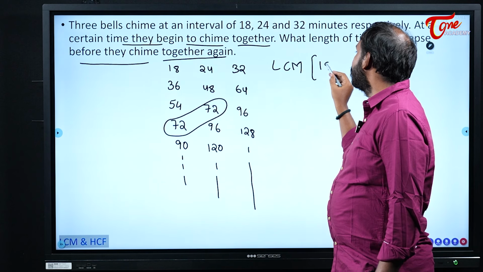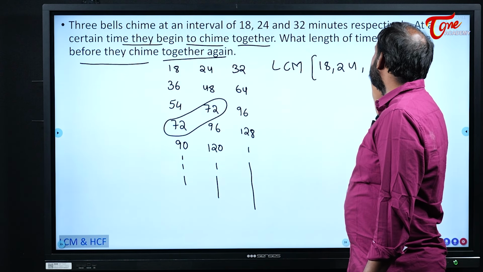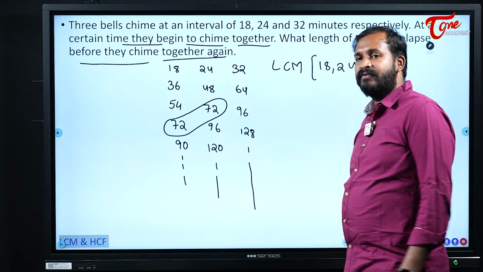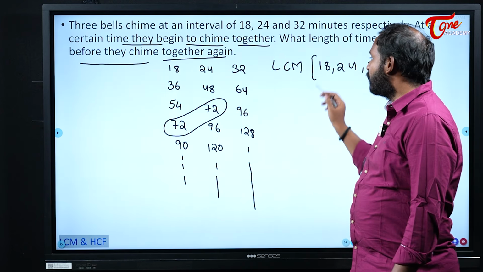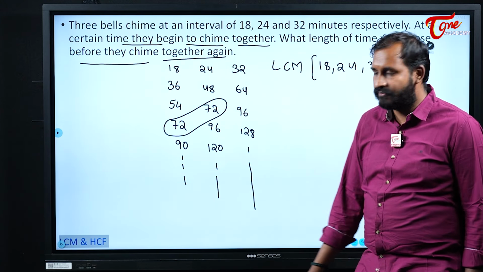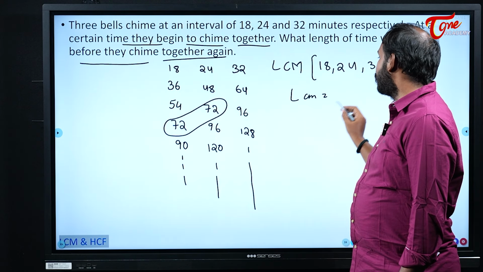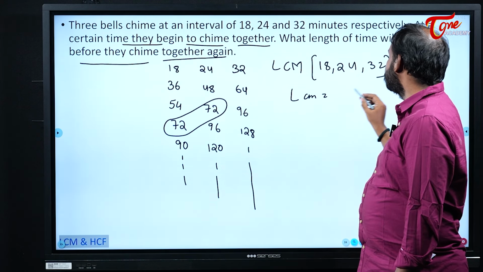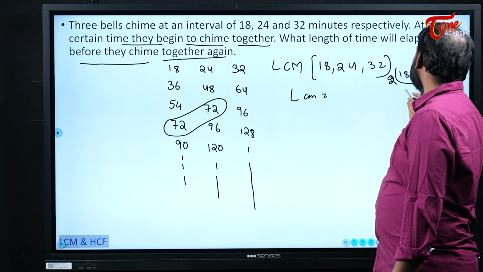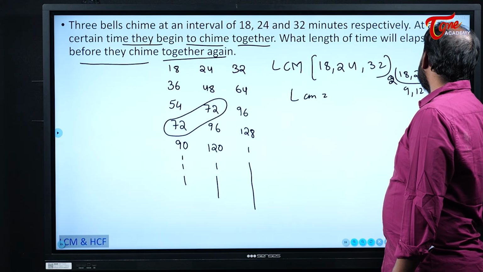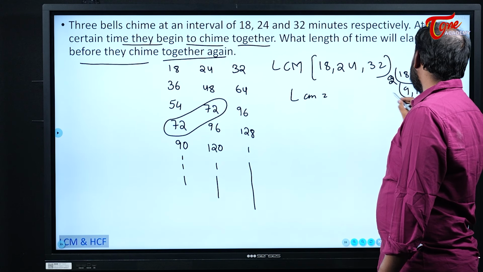So the LCM of 18, 24 and 32. You need to find the LCM of 18, 24 and 32. So what is the LCM of 18, 24 and 32? Please do that one. 9, 12, 16. Next, the 4 table.